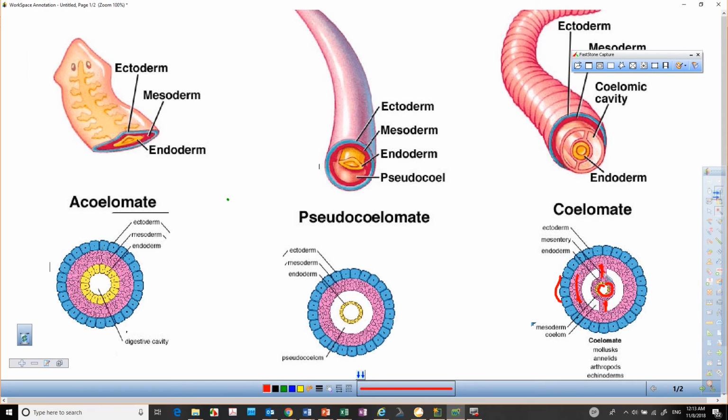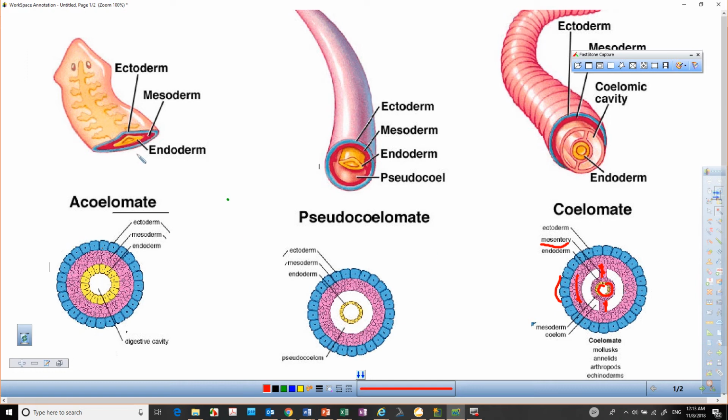And this tissue right here is known as mesentery. So the purpose of the mesentery is to hold the inner tissue in one spot. So if this organism goes to the left or the right, its organs won't flop all over the place. So this allows an organism to grow larger and still be effective.